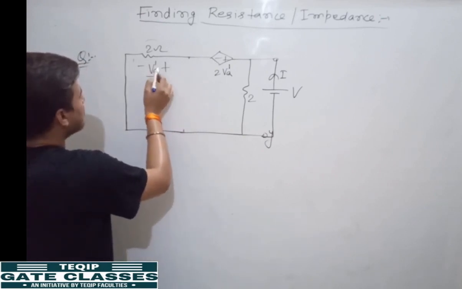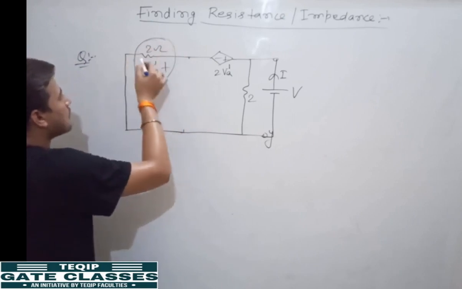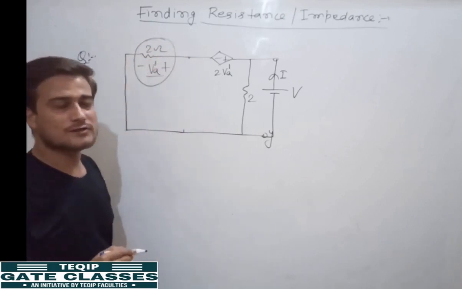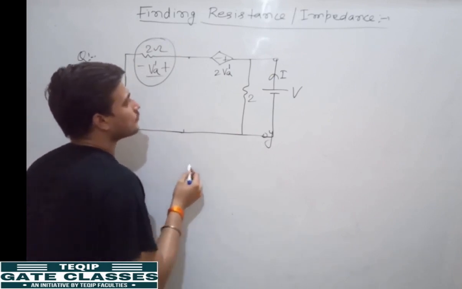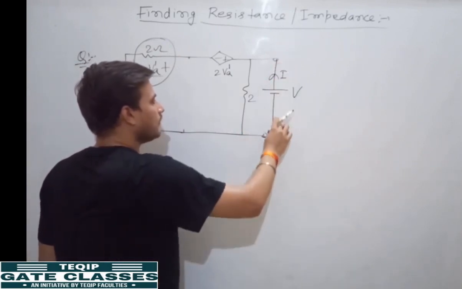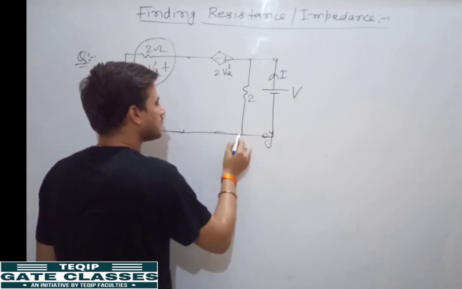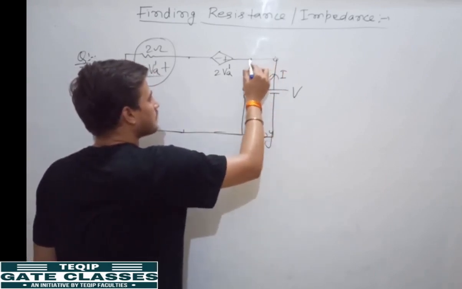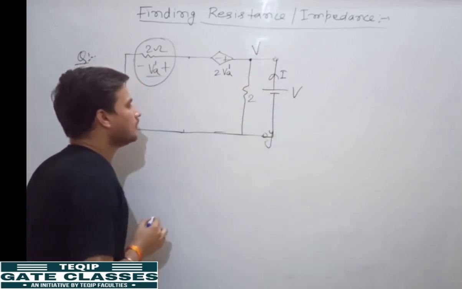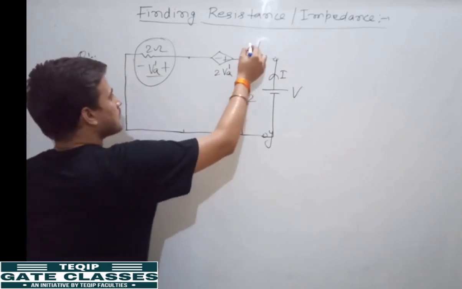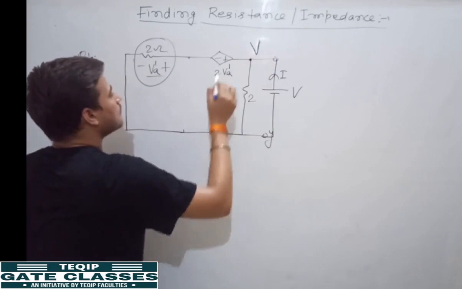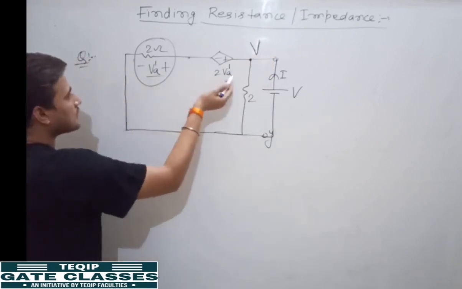If you apply Ohm's law, you don't know the current through this branch. Then do one more thing. This is voltage V. This is the ground terminal. So the potential of this point will also be equal to V. Clear?